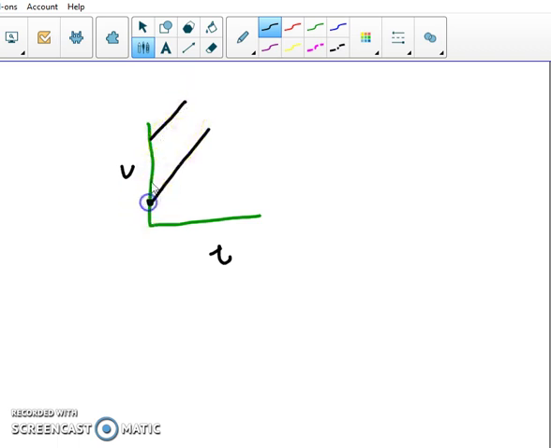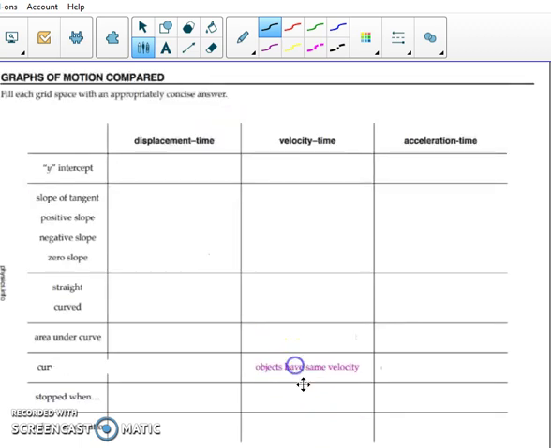They're just going to start at different places. This one's starting at a higher speed, this one's starting at a lower speed, but they're accelerating at the same rate. If they went flat, they would be going at a constant speed. So if the curves coincide, the objects have the same velocity.